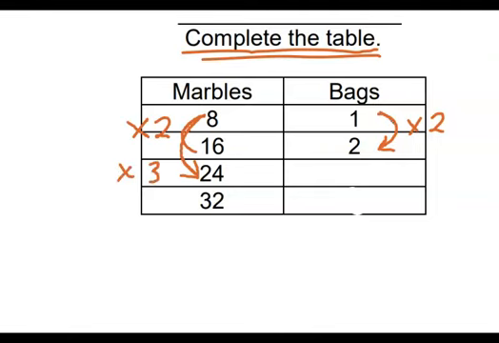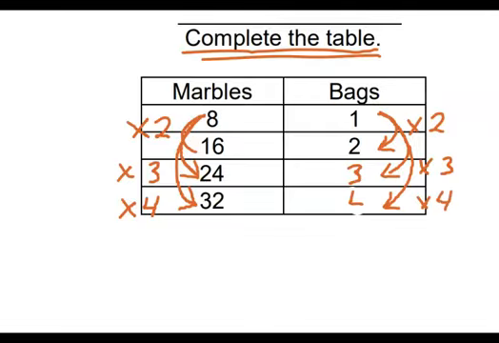So over here, to get the next one, we would do 1 times 3, which would give us 3. And then if we come over here to get from 8 to 32, that's 8 times 4 will give us 32. So then we go from 1 to 4 by doing times 4, and obviously that will give us 4.